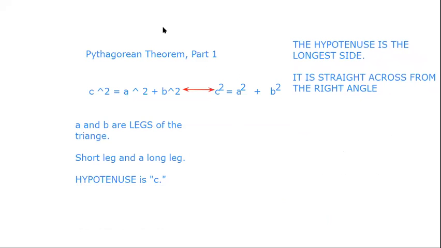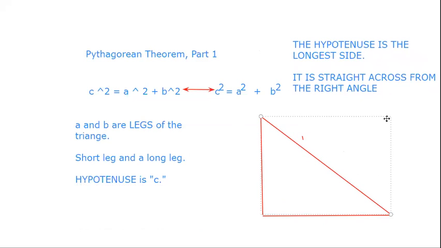So if we draw a right triangle, we have our right angle right here.